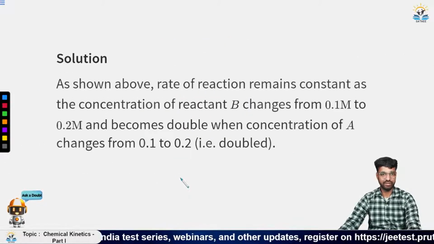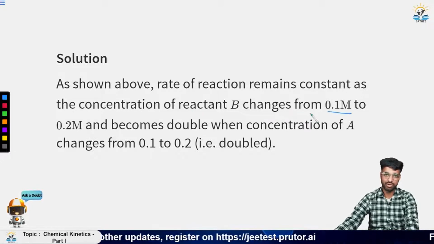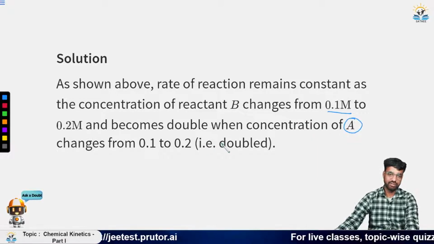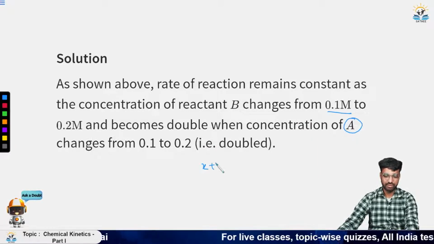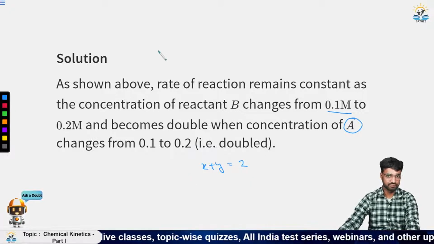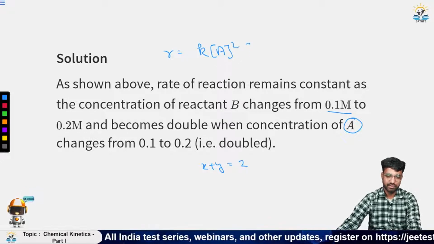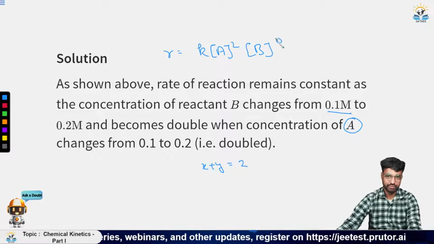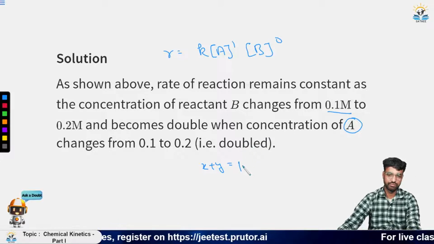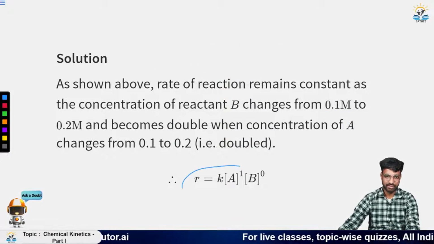So we can say very clearly from here that the rate of reaction remains constant with respect to the concentration of B, and in case of A it is doubled, therefore x plus y will be 2. Okay, so the overall rate will be, sorry, A is raised to 1 and B is raised to 0. So this is the correct rate law for this.